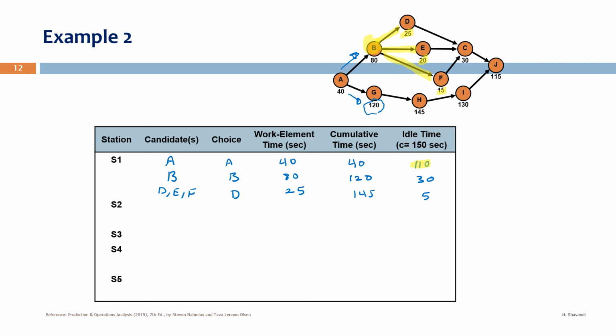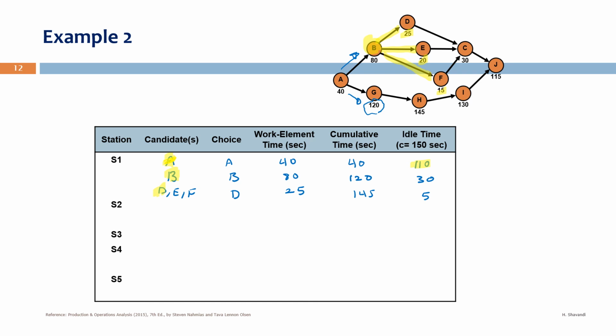So we are done on workstation number 1, and we go for workstation S2. We have scheduled A, B, and D on workstation number 1, right?